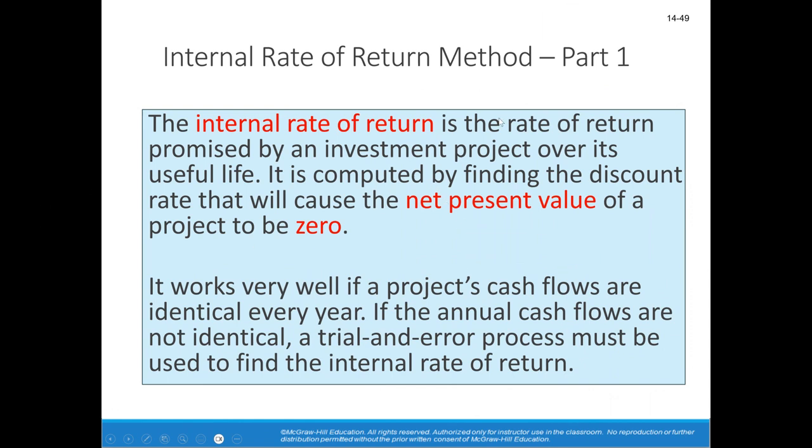Now, internal rate of return is the rate of return promised by an investment over its useful life. So it's very similar to the net present value, but it would return a net present value of zero. So really what you're going to do is a calculation. You're going to put in all of the cash flows, and you need a computer really to do this. I mean, you can do it, but it's really time consuming.